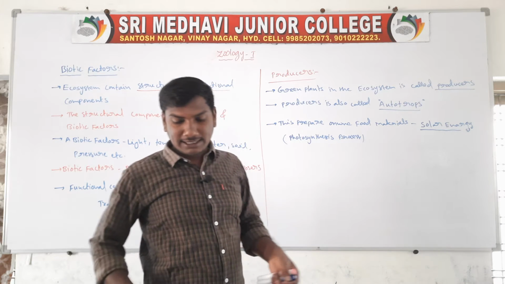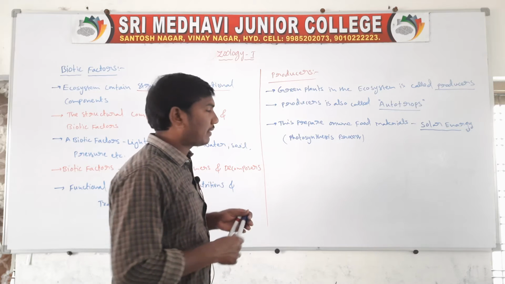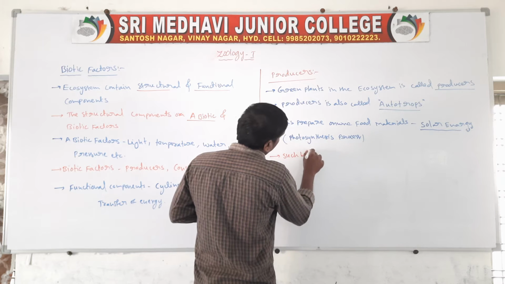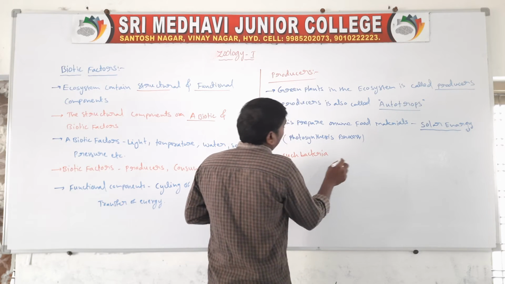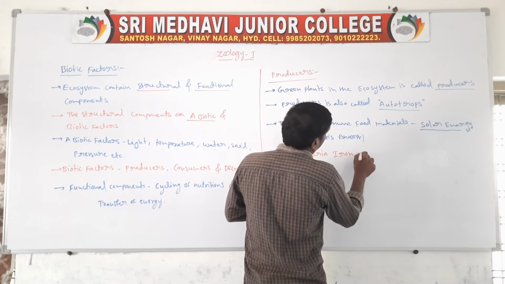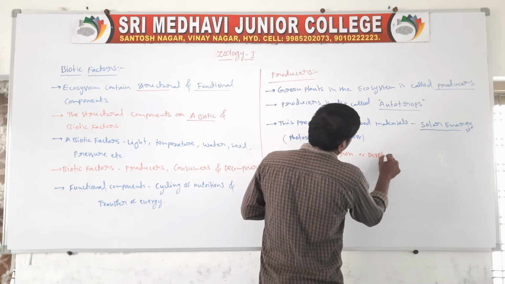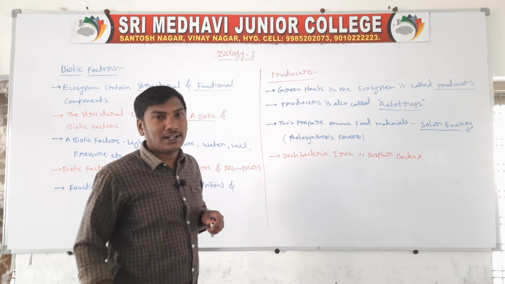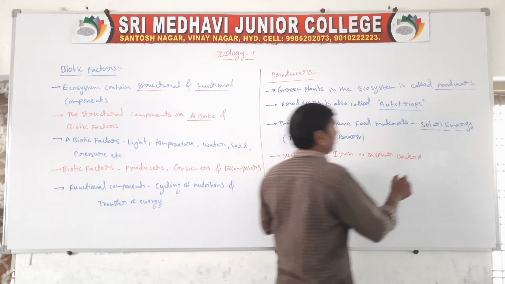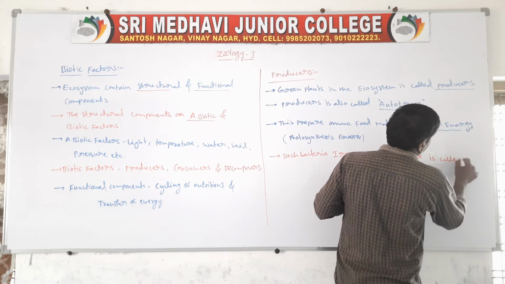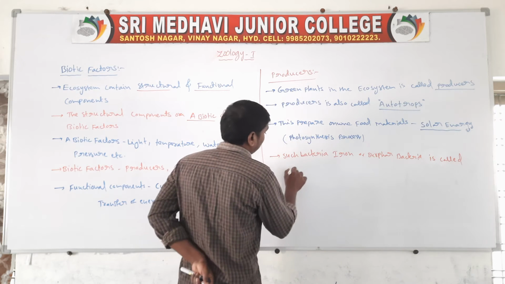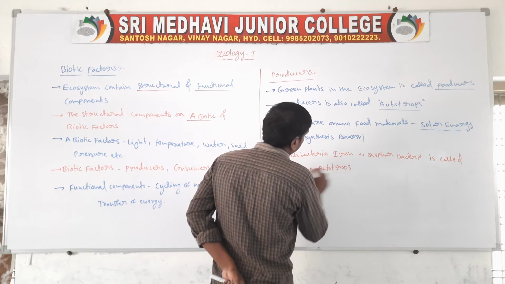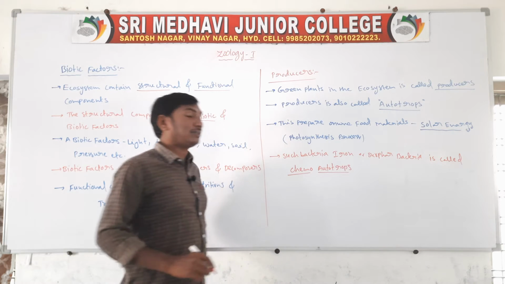Next one, certain bacteria such as iron bacteria or sulfur bacteria are called chemoautotrophs.